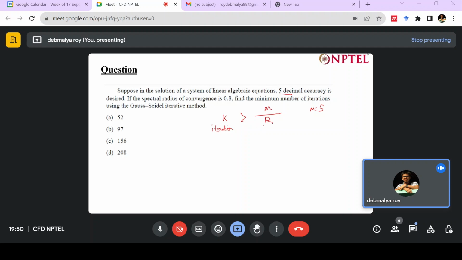So R, capital R here, is the rate of convergence. This rate of convergence is nothing but log 10 of 1 by rho. What is rho? Rho is the spectral radius.